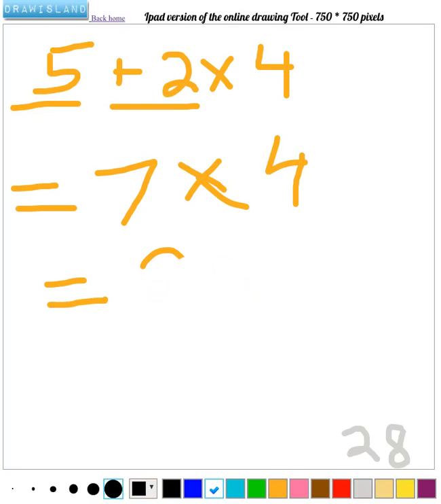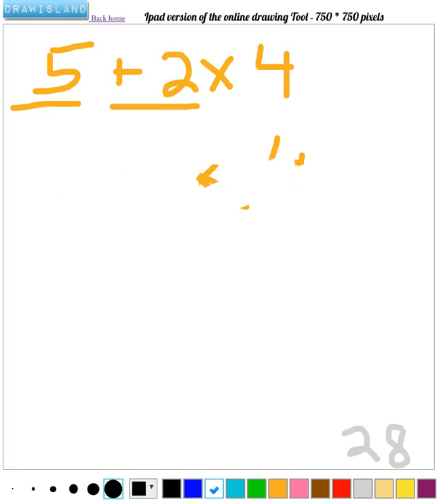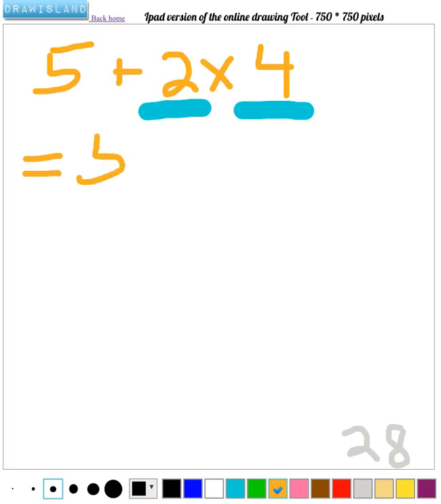Now, there is another way we could have done this. What if we started by multiplying 2 and 4? That would make it 5 plus 2 times 4 is 8.